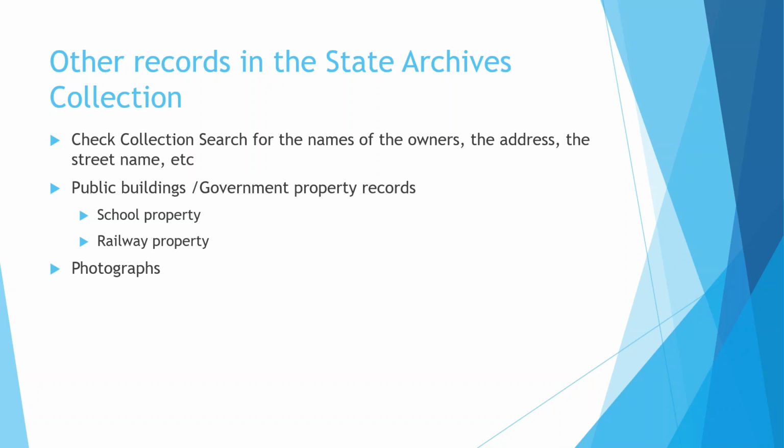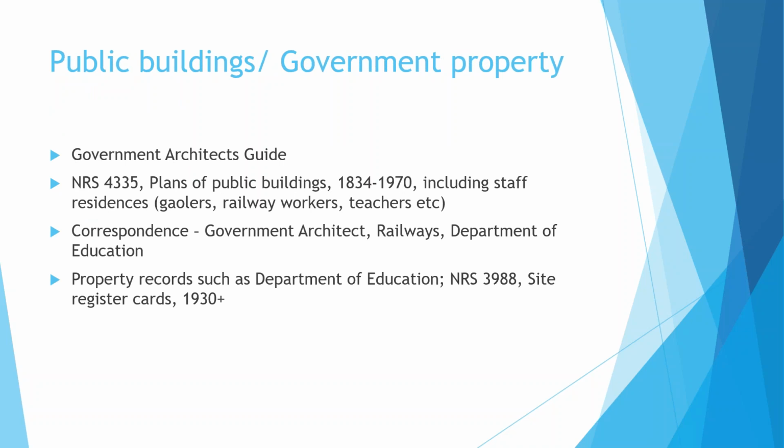Just thinking about some of the public buildings and property records, there's school properties, railway properties, and even some photographs that are quite nice as well. With government property, we've got things like the Government Architects Guide that goes through and lists records of buildings built by the government architects, so police stations, courthouses, school residences, lockups, those sorts of things, some of which have since been sold off and people live in those now.